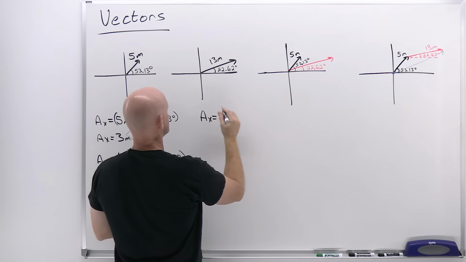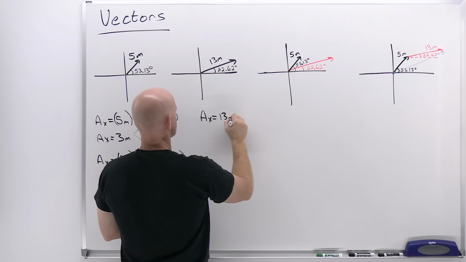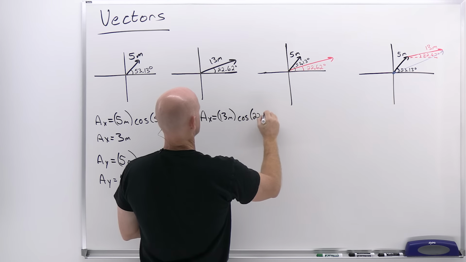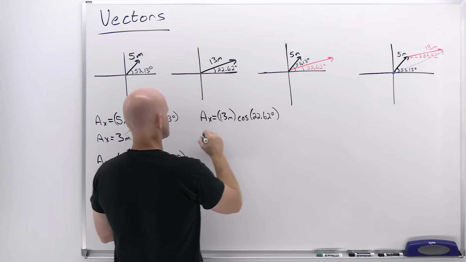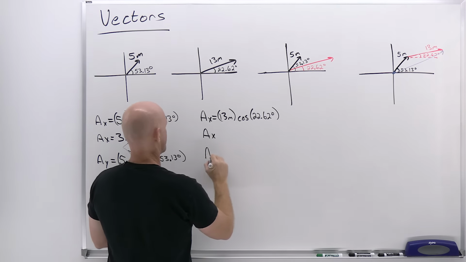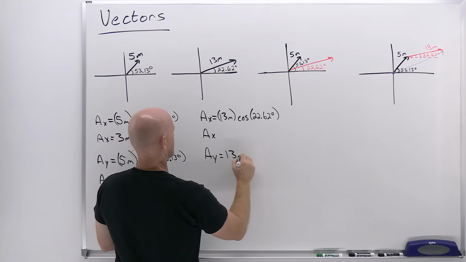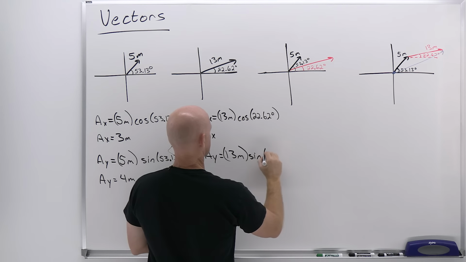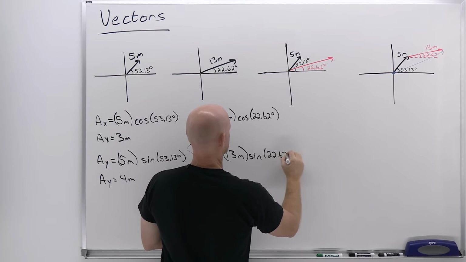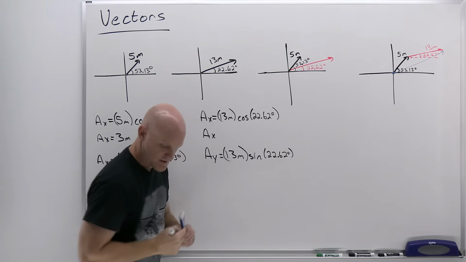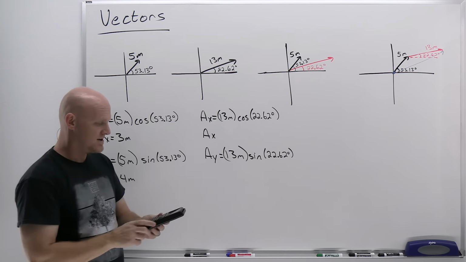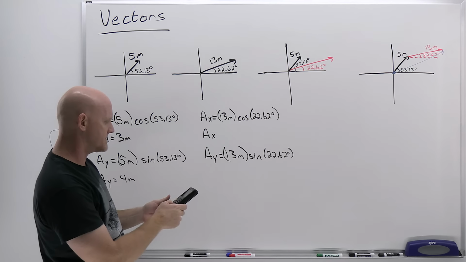So ax is going to equal the magnitude, 13 meters, times the cosine of 22.62 degrees. And then the y component, again the magnitude, i.e. the hypotenuse, times the sine of 22.62 degrees. We'll let our calculator do the work here for us, but I know how this is going to work out. I chose the special right triangle this is coming out of.